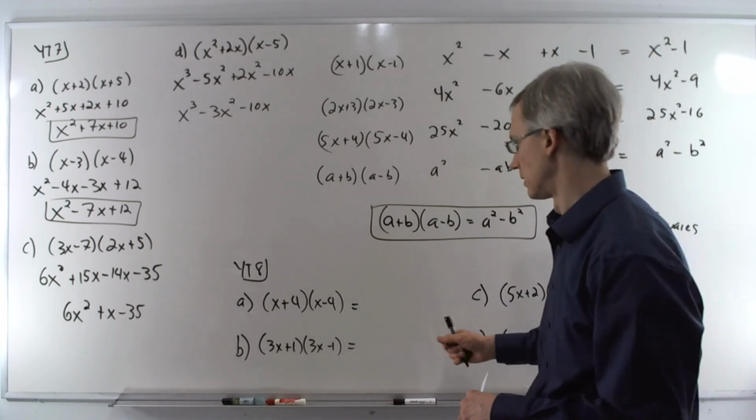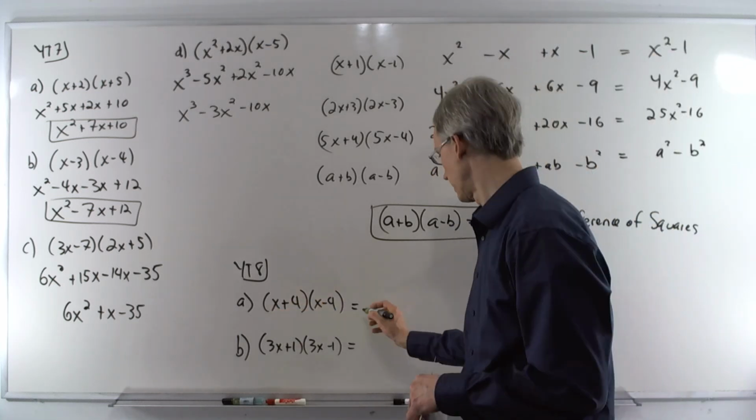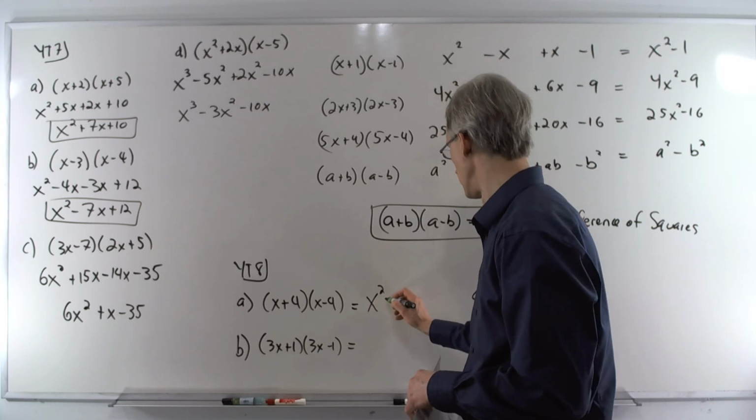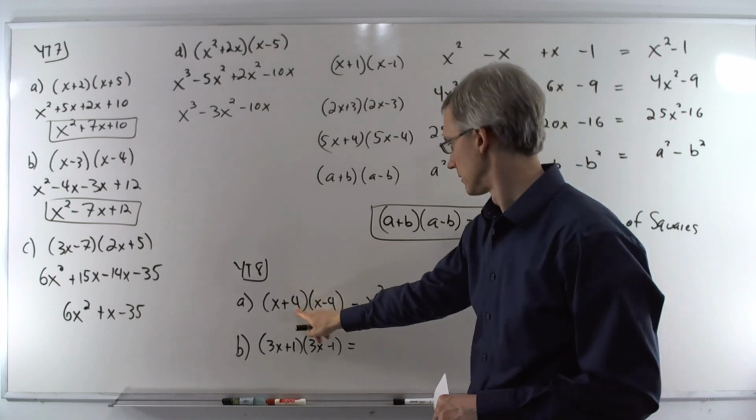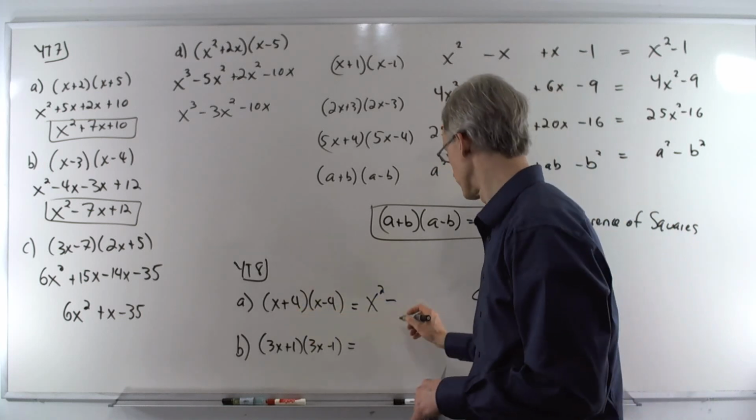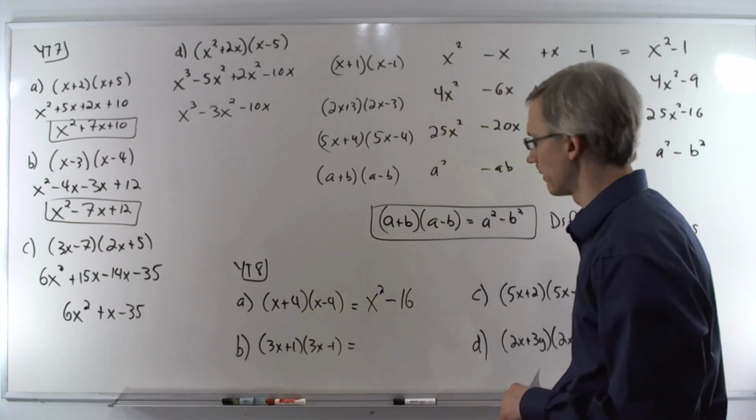All right, first one. First term squared is x squared. By the formula, now we're going to subtract. Second term is 4. 4 squared is 16. So we get x squared minus 16 for that one.